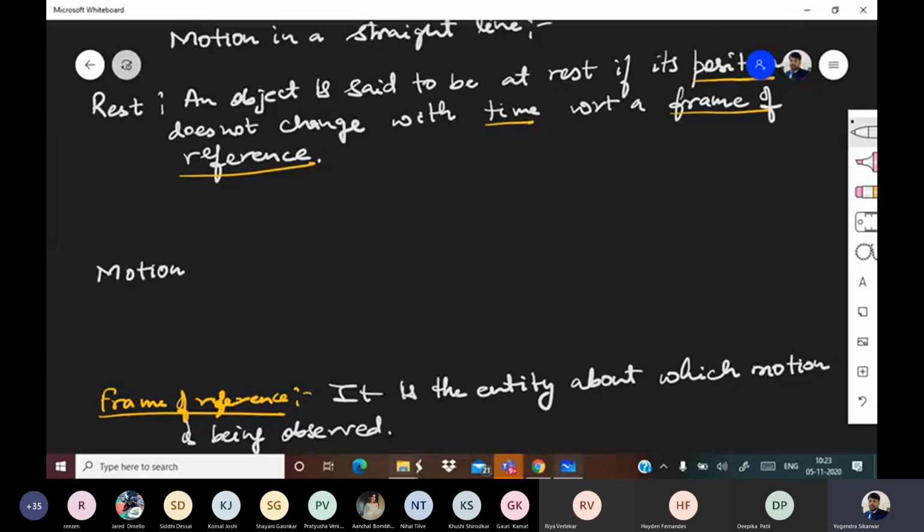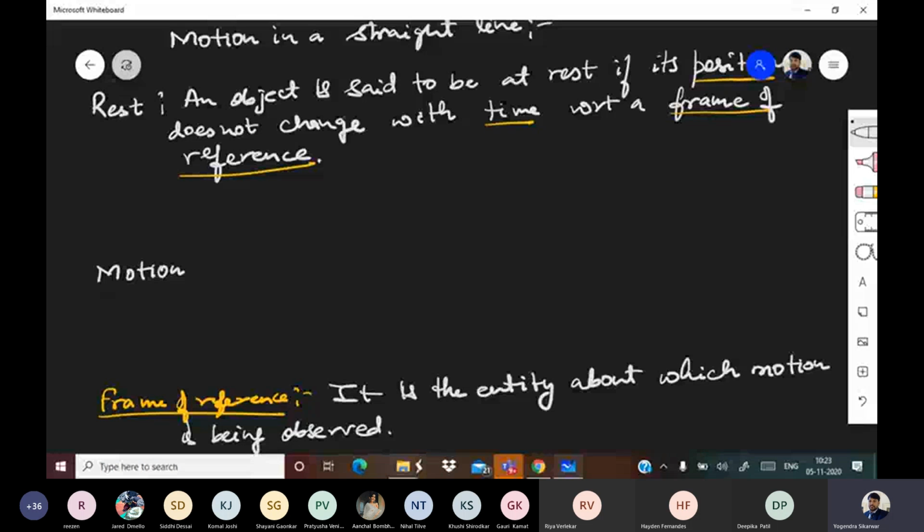Or a person is sitting next to you, and with respect to that person, you are at rest. Okay. So try to understand, your frame of reference can be anything. It can be a living object. It can be a non-living object also. The corner of the room is non-living. A person sitting next to you is living.